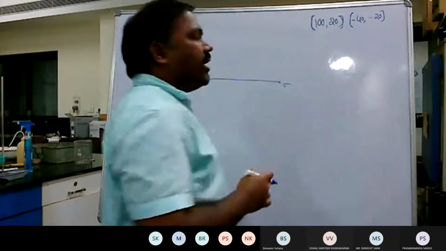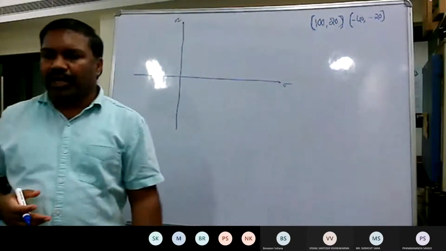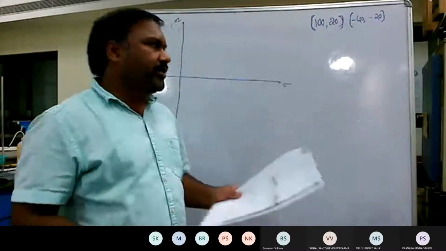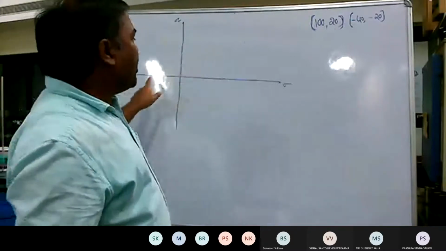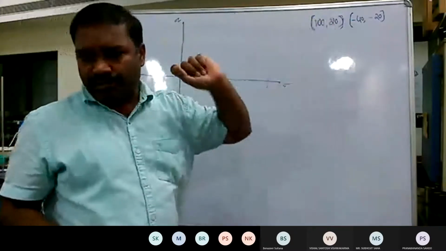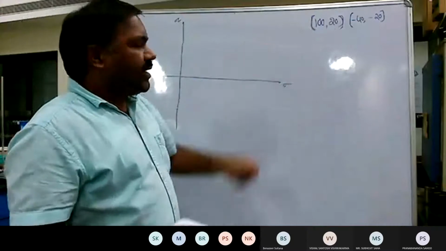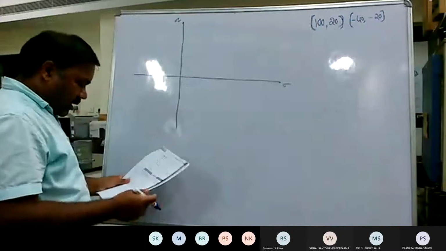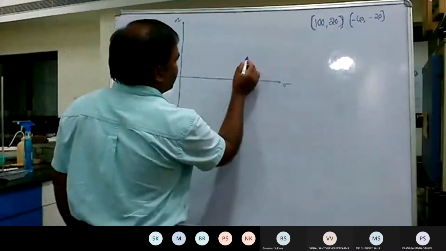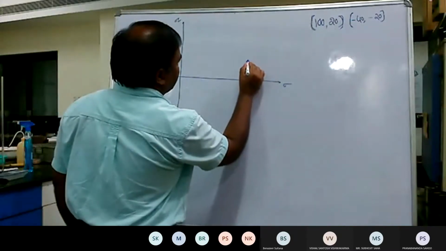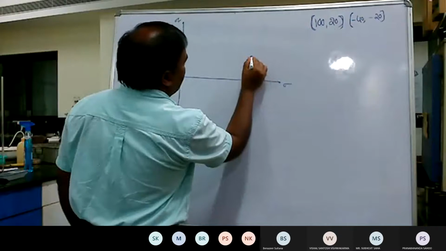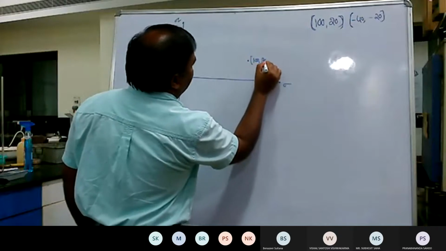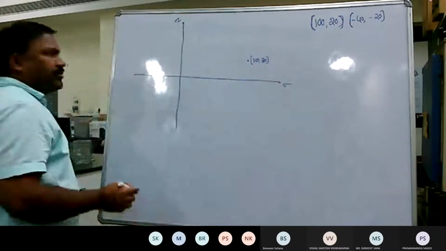These are the two coordinates that you can derive based on the given stresses acting on the soil element. Depending upon the coordinate system that you assume, you try to identify these two points. Here this is the first point, 100, 20.